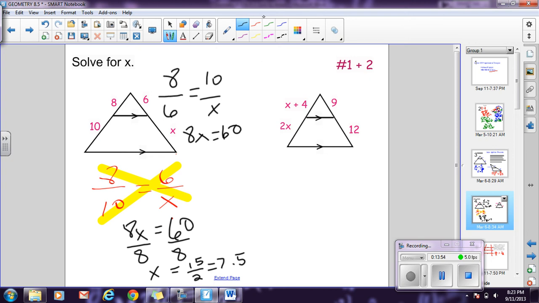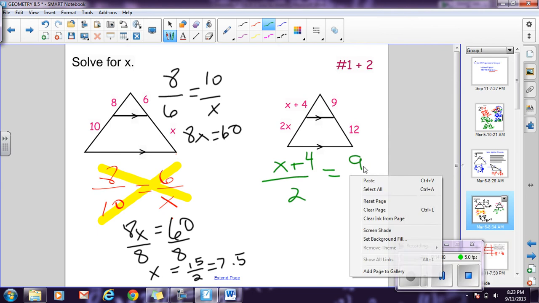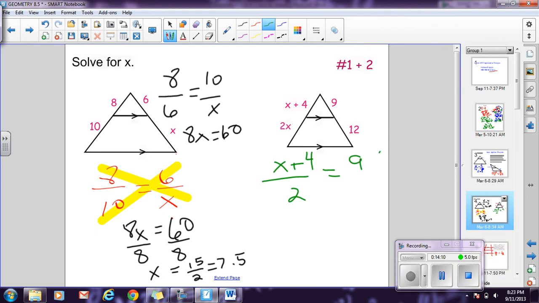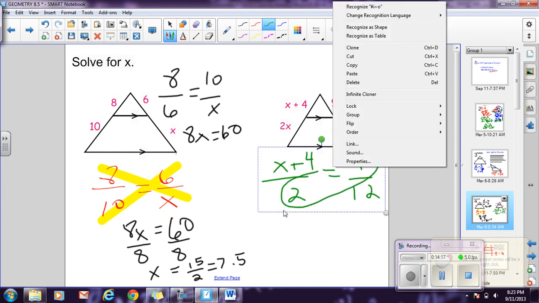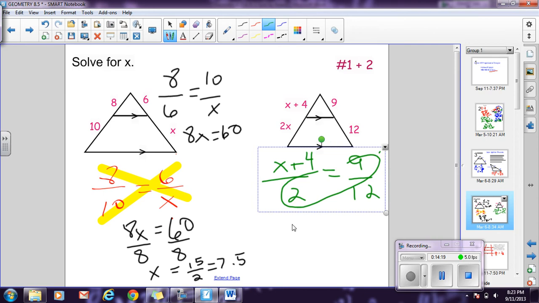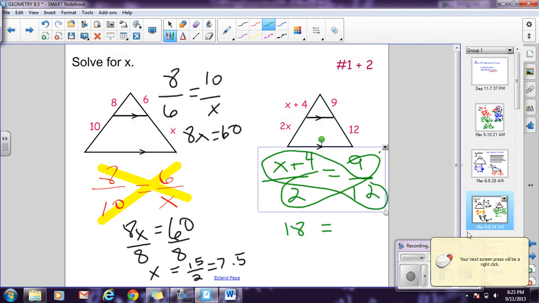All right, now this is number 2. This is homework. Let's do this in green. So here I have x plus 4 over 2 equal to 9 over 12. Okay, cross multiply. 9 times 2 is going to be 18 equals 12 times x plus 4.